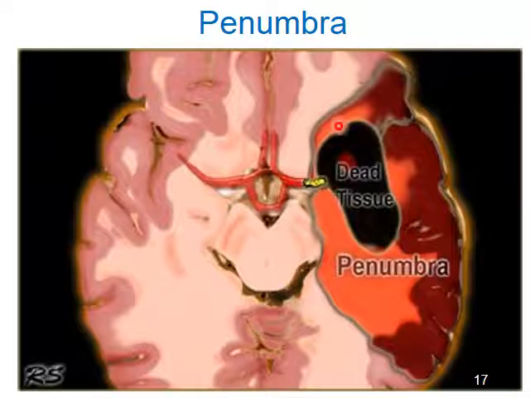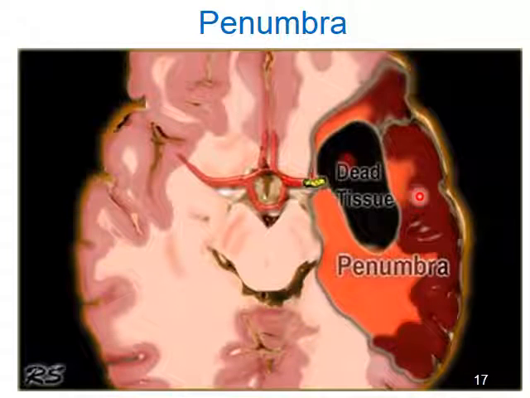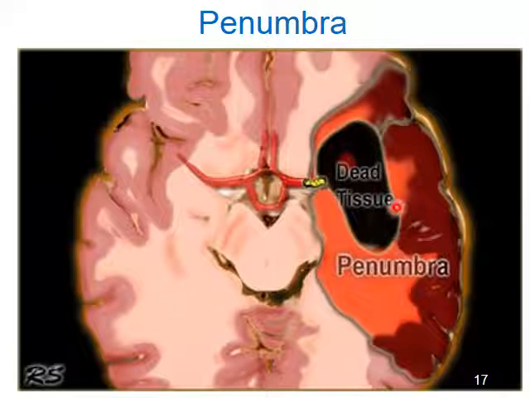So looking at this picture a little bit closer here, we have a clot that happened in this major penetrating artery. Everything that is black here in the middle is getting no blood flow. It will die. Everything surrounding it is reduced blood flow. So we have red, which is okay, orangish red, which means a greater loss of flow.